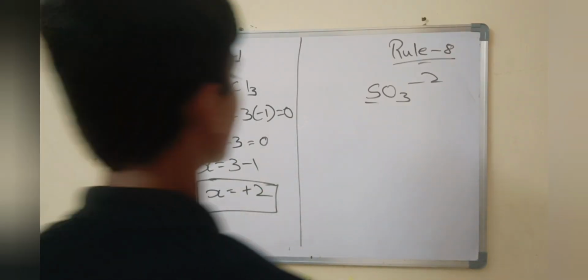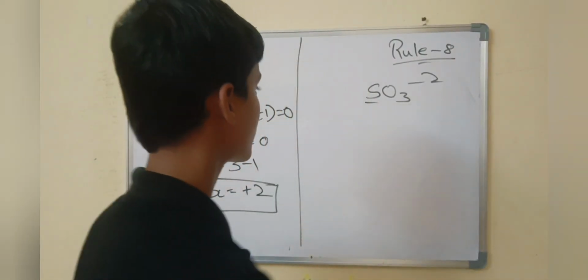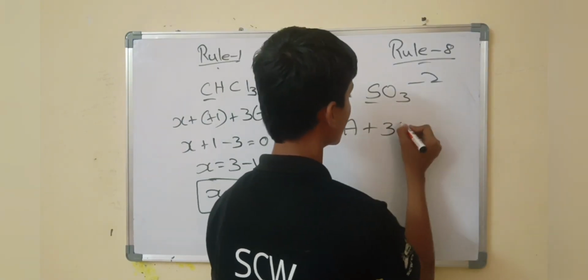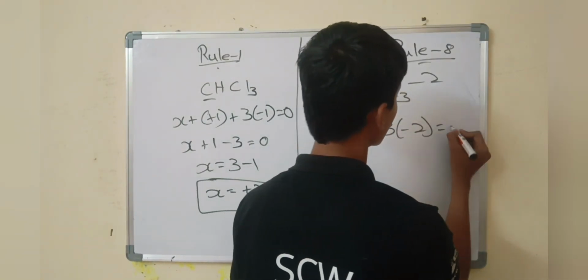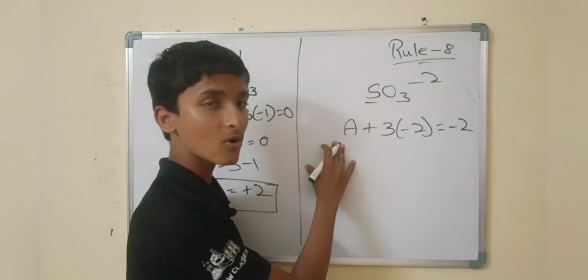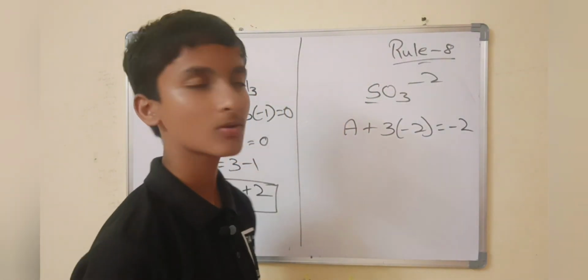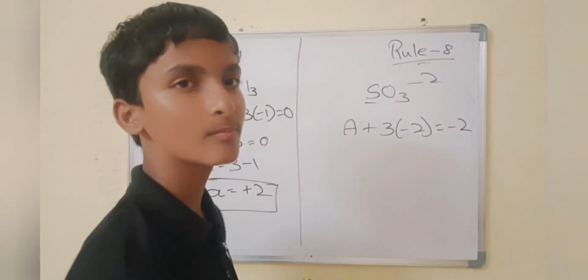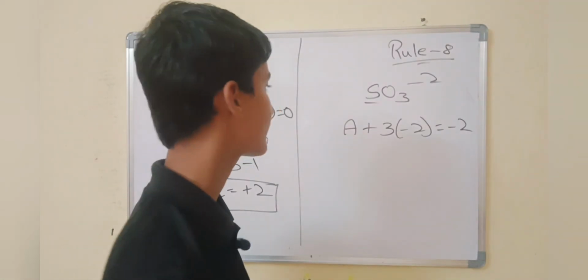Clear? SO3 minus 2. Here, not only can we take x, we can take any variable, for example B, C, D, A, like that. Okay?